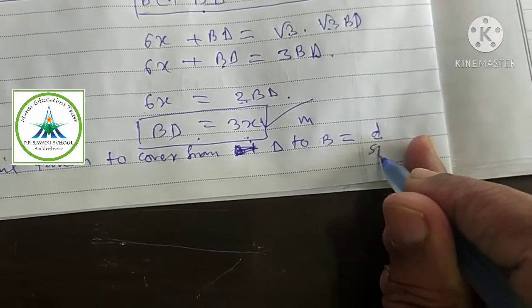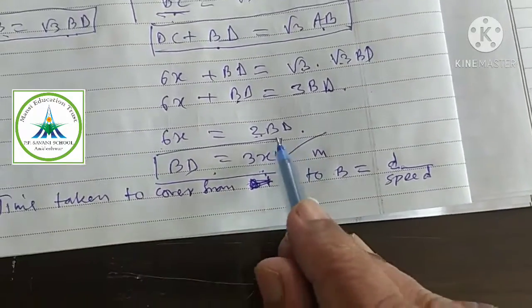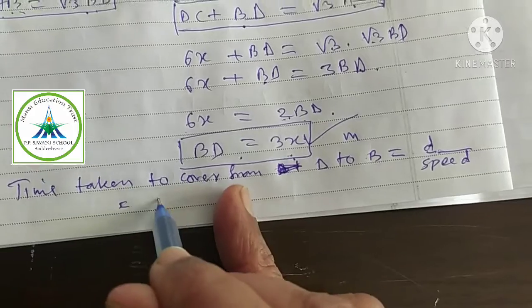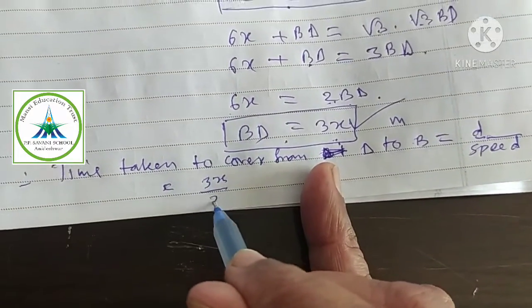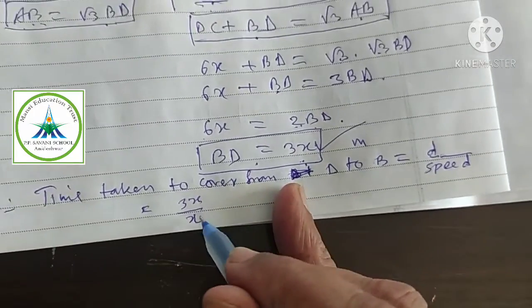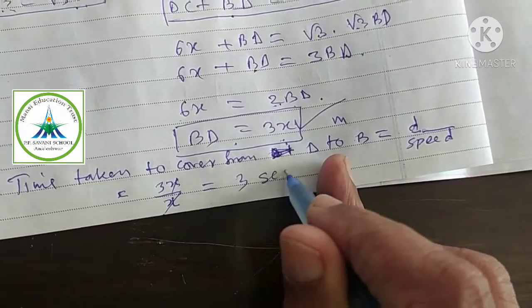Distance upon speed. And what is the distance, students? 3x. Upon speed, what? x. Yes or no? So x cancels. That will be 3 seconds.